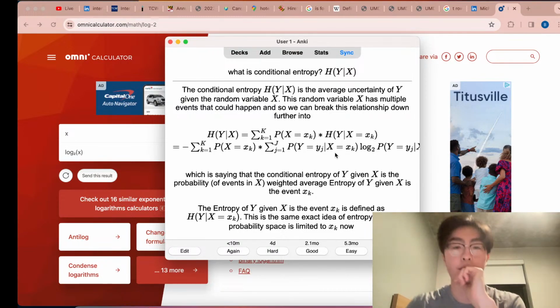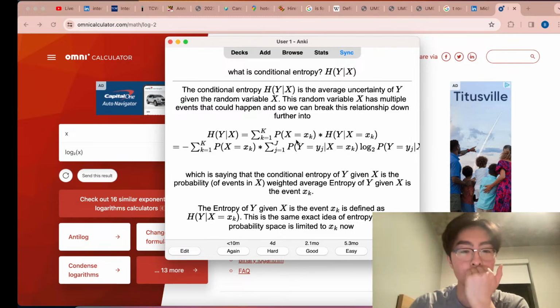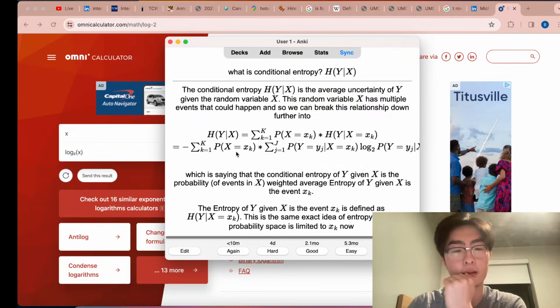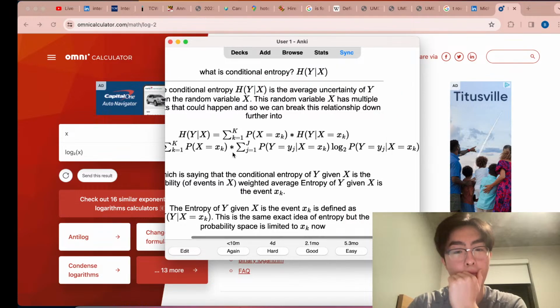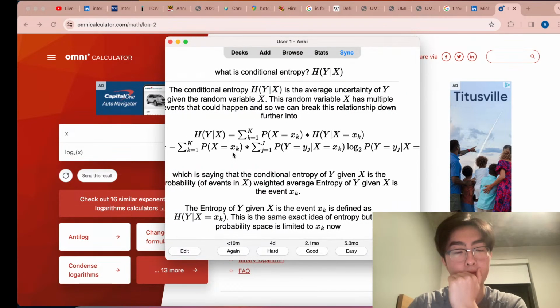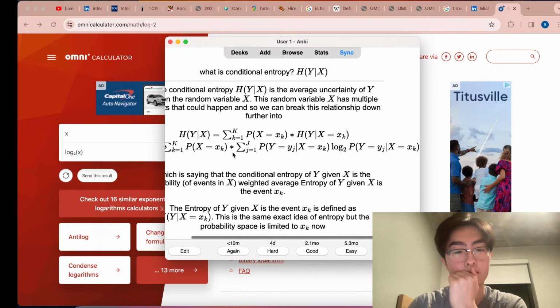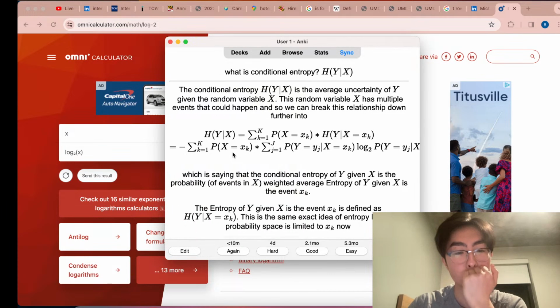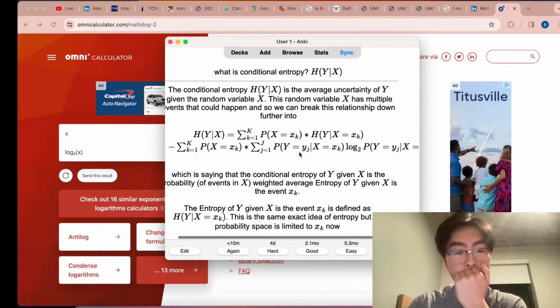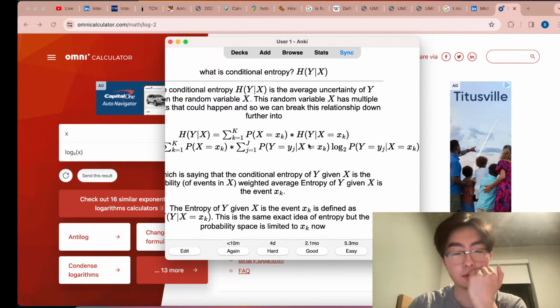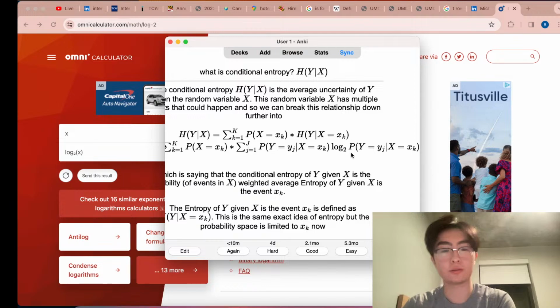So it's a weighted average, where the weight is the probability of x, which is equal to negative, log base 2 of given x.